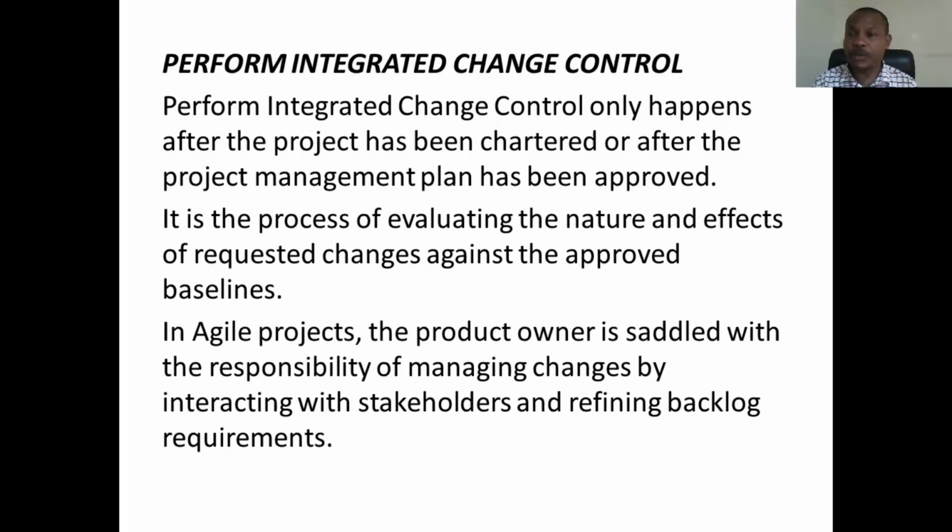It is the responsibility of the product owner to constantly interact with other stakeholders and find out the changes they want to make. Once he gets the changes, he files them into the product backlog, and then he'll be refining based on priority. Right, so you don't need any format. It's a more flexible methodology when compared to the predictive project management methodology.